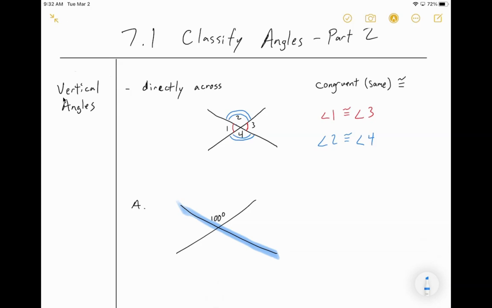Right? Yeah, good. Okay. Straight line is 180, right? So if this one's 100, then that means that the next one has to be how much? Okay. If this angle right here is 100, then this angle right here has to be 80. Yeah? Does that make sense?